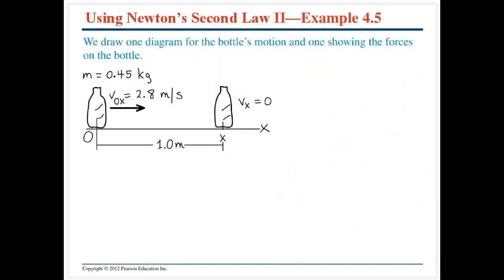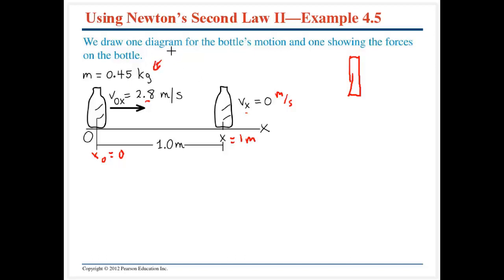Let's take another example, and in this case we're going to marry some of the forces we're talking about to some of the concepts of motion that we talked about in chapters 2 and 3. Let's first draw all the forces acting on this bottle of milk that is sliding. It has some initial velocity and some final velocity, and it's going to travel from some initial position, which I'm going to call 0, to some final position equal to 1 meter.